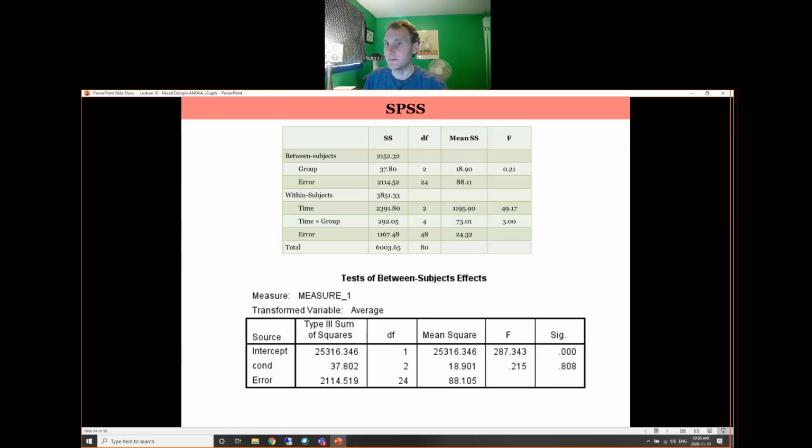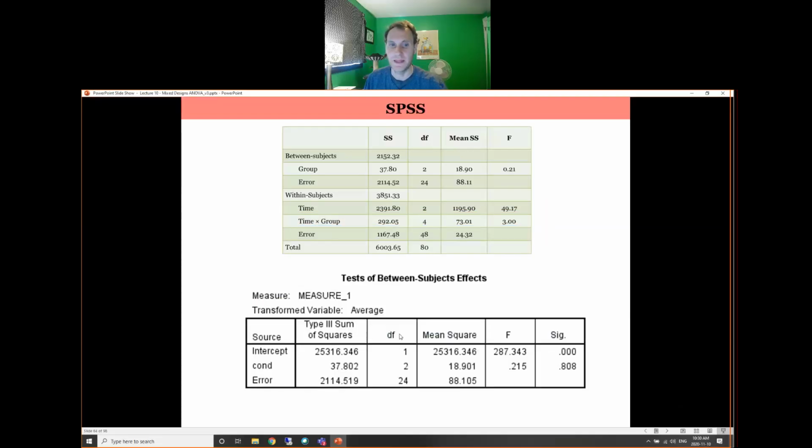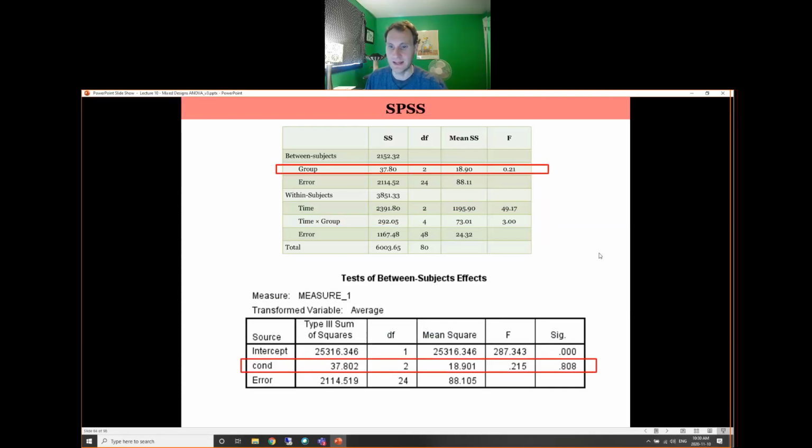SPSS splits the between and within subjects into different tables. So here we were looking at the within subjects table. Here would be a different part of our results, the between subjects table. And again, SPSS produced the same results that we calculated by hand at the between subjects level.